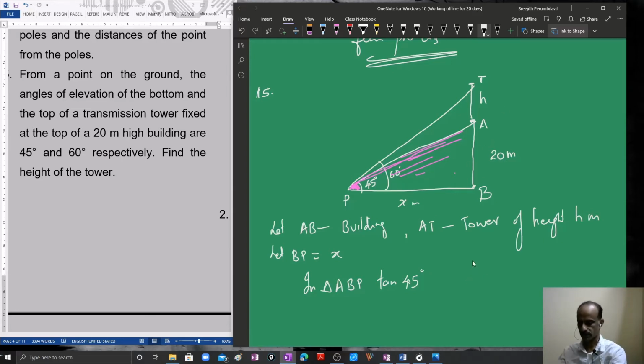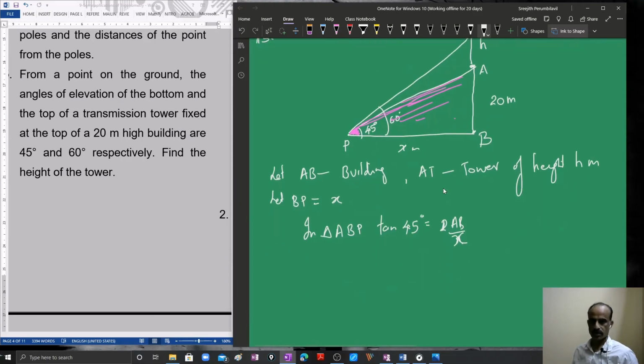Tan 45 is equal to the opposite side, AB, divided by x. So AB is 20, so tan 45, which is 1, is equal to 20 by x, which implies x is equal to 20 meters.